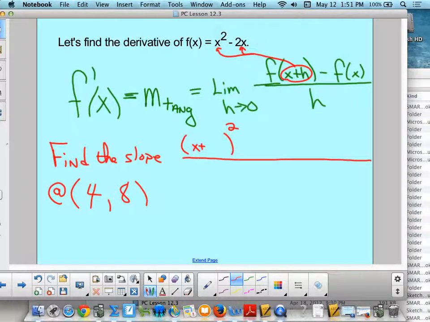X plus h, square it, minus 2 times x plus h, minus the function f of x, which is x squared minus 2x, over h. So there's the work you should have done. All you're trying to get is the derivative. The derivative formula is what you just wrote.